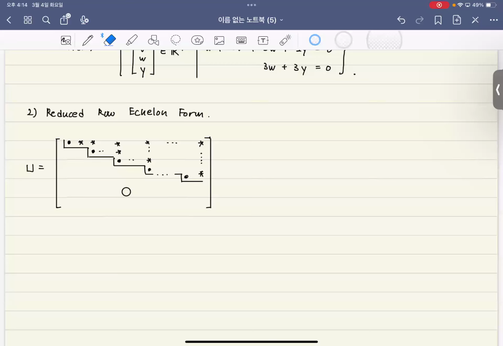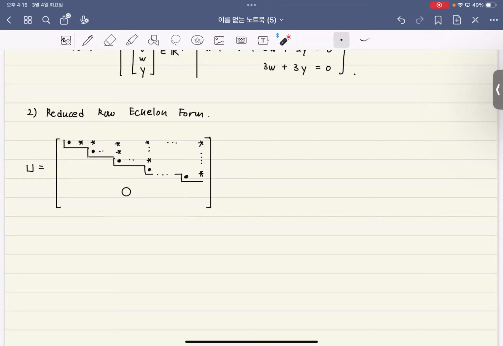Well, say this is my row echelon matrix. And I want to apply another set of elementary row operations. In this case, these pivot entries are guaranteed to be non-zero numbers, and dividing any row by some non-zero number is also allowed in elementary row operations. So let me try to divide each of these rows by the entries in the pivot.